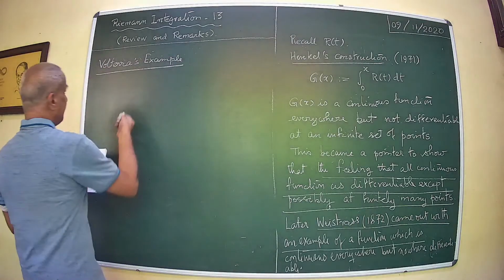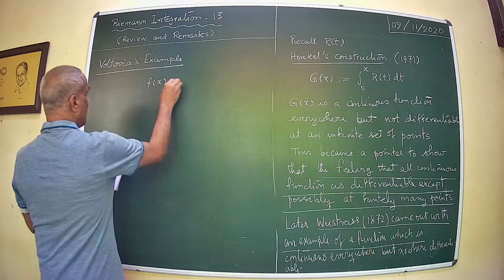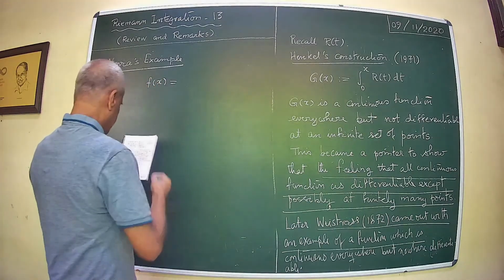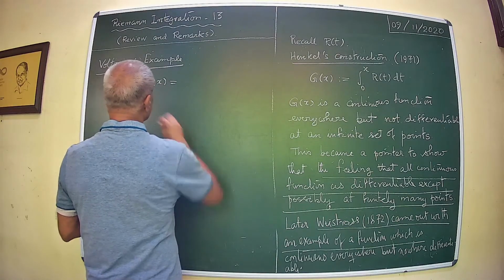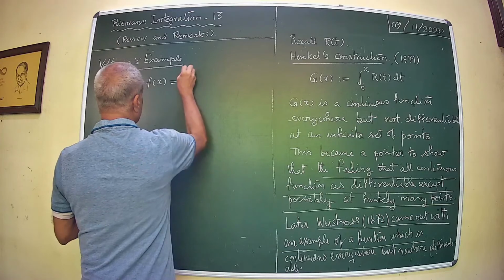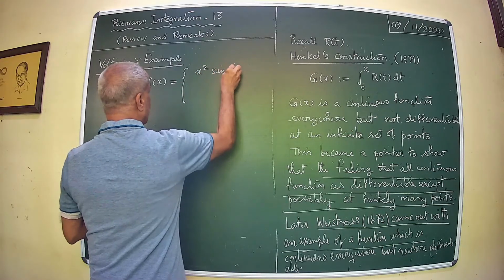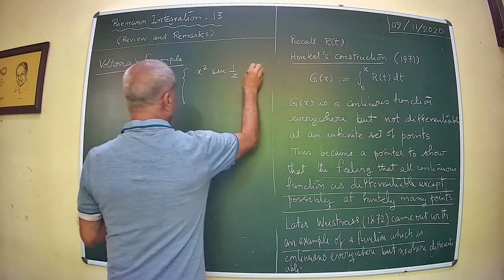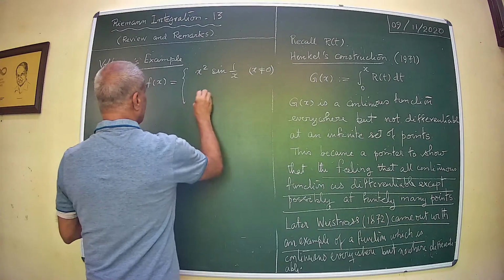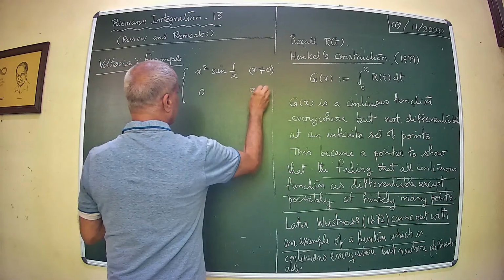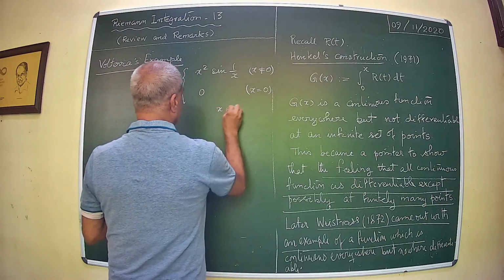Here we start with a fundamental function f of x equal to x squared sine 1 by x for x not equal to 0, and equal to 0 at x equal to 0, for x belonging to the reals.